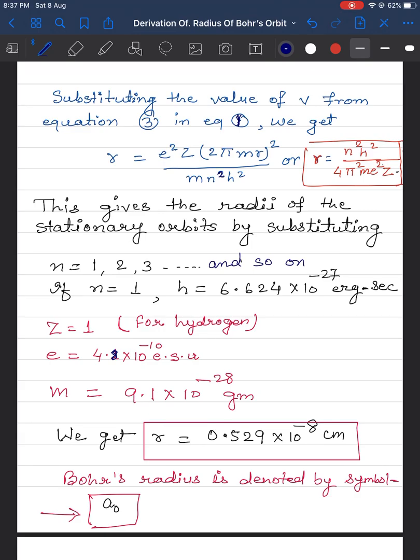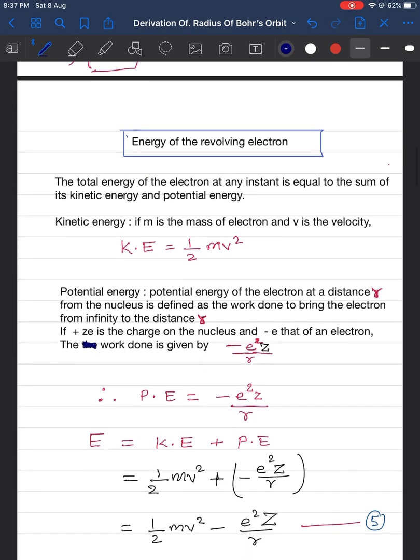Then we will get r is equal to 0.529 into 10 to the power minus 8 centimeter. This is called Bohr's radius, and Bohr's radius is denoted by the symbol a naught.